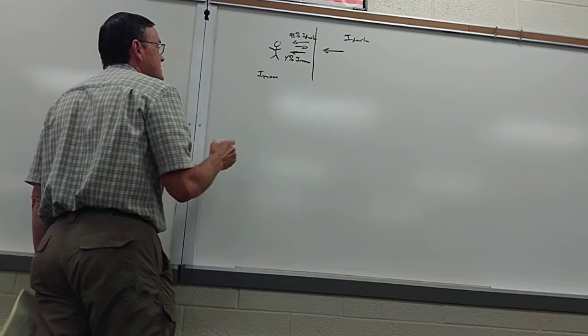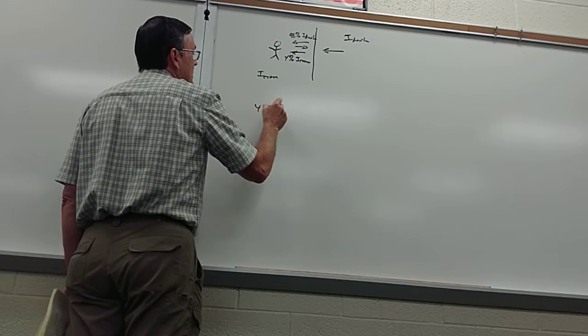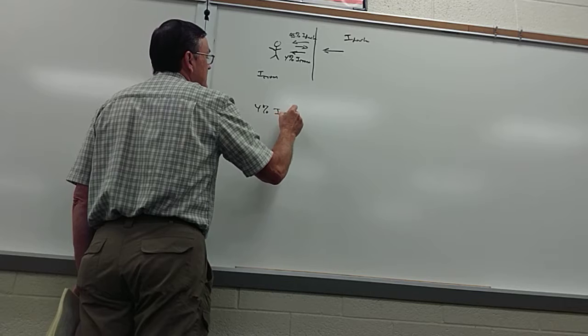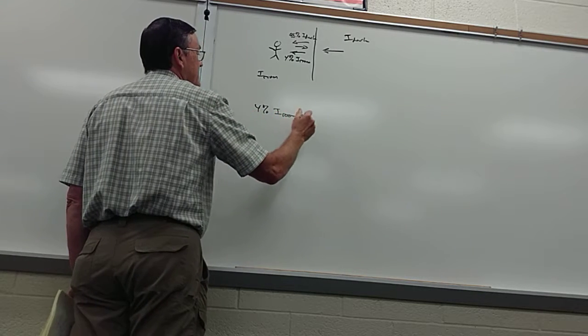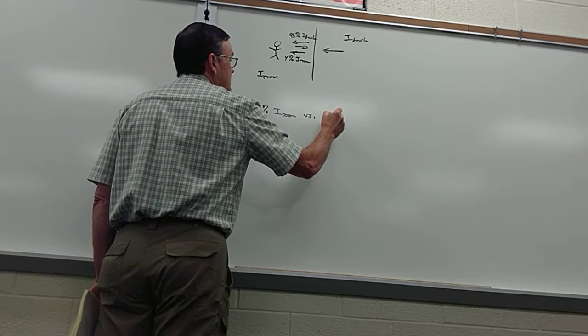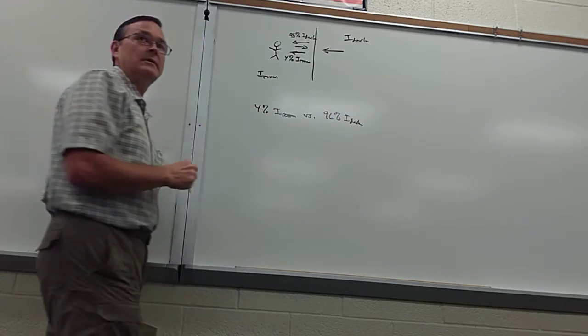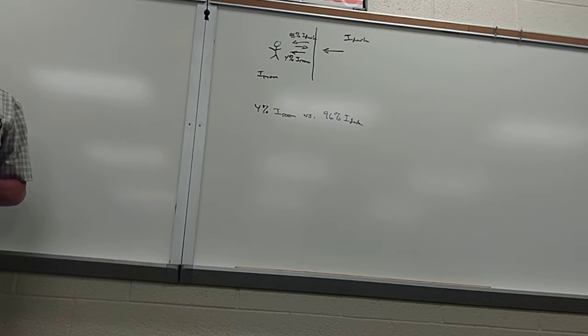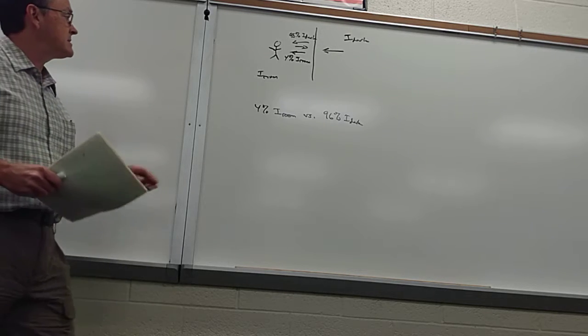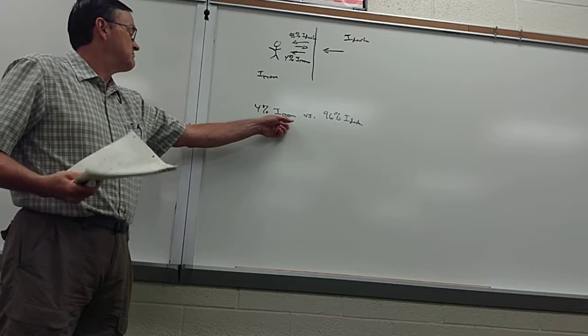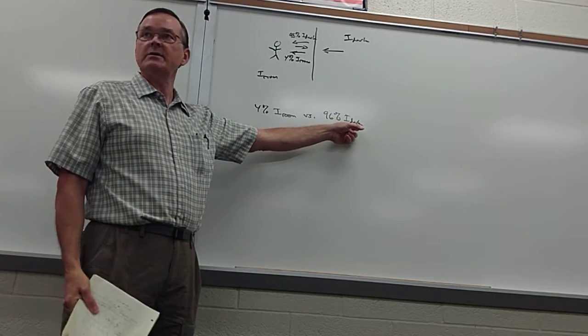So the question is, what's the relative amount of light here versus here? It's an SNR thing. Yeah. So let's say I room is 1,000 times bigger than I dark.